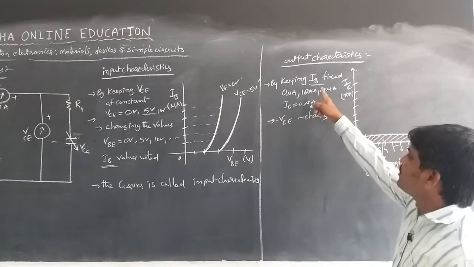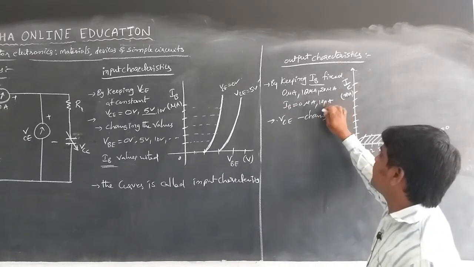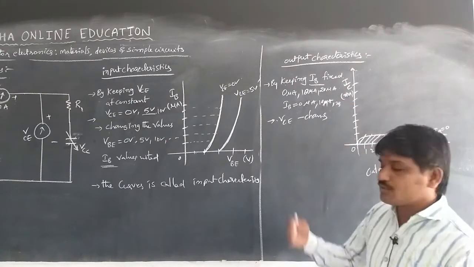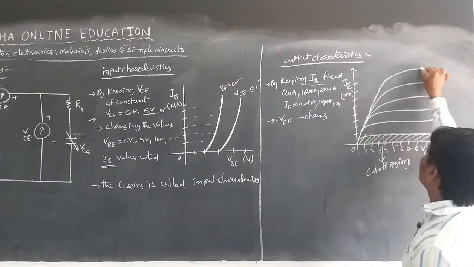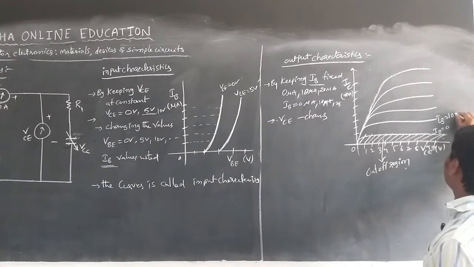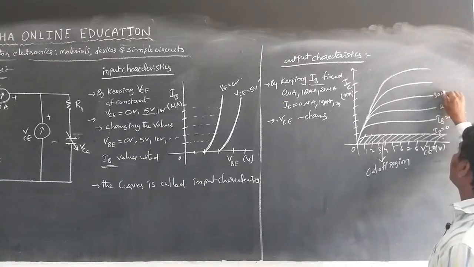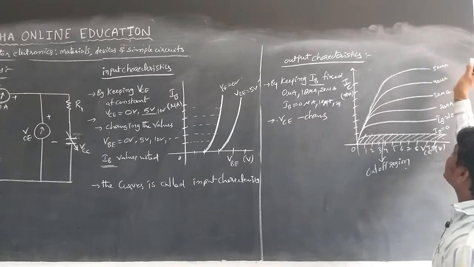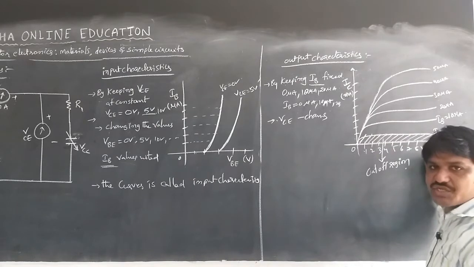We go on changing the values of the IB current, to 10 microamperes, 20 microamperes, 30 microamperes, 40 microamperes, 50 microamperes, so IB is fixed at a certain value while we change the VCE potential.